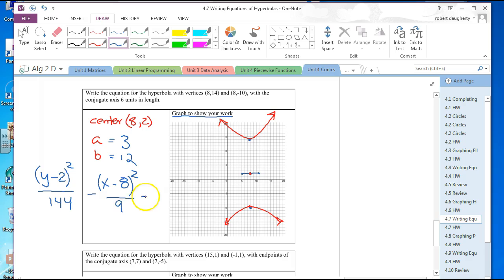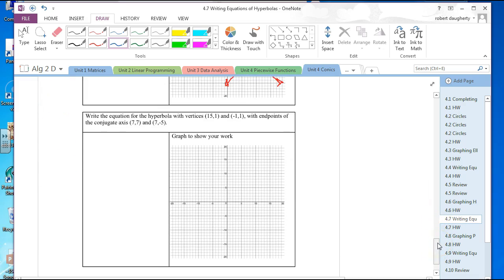All of that equals 1. Okay? So it's just keeping track of all the terminology, and being able to graphically visualize and be grounded. a is always the horizontal distance from the center. b is always the vertical distance from the center.